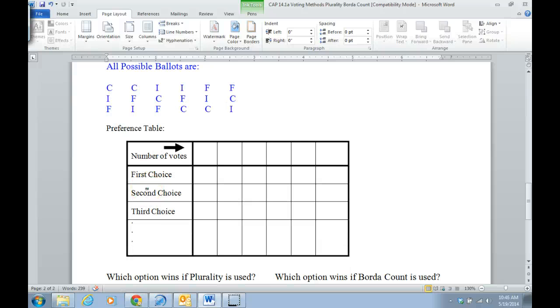All right, so what we're going to do is make up a preference table for all the possible choices, and here they are. We could have chips, ice cream, fruit in that order, or we could have chips, fruit, ice cream, chips, fruit. Yep.